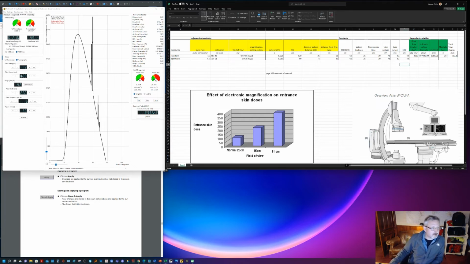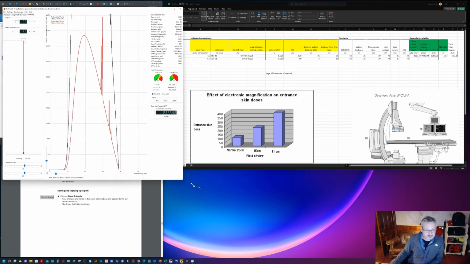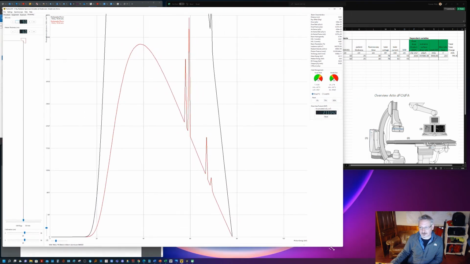So let's now change our factors. We're going to go back to the dosimetry level. So now we're changing our source image distance to 90. So we drop this down to 90. If you look at that, that's actually increasing our radiation dose. If everything else remained the same, it's gone off the scale there.